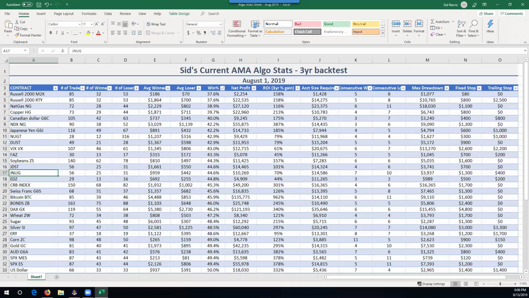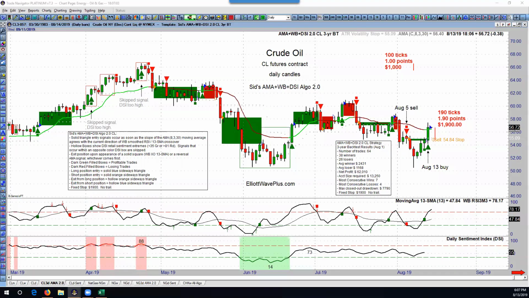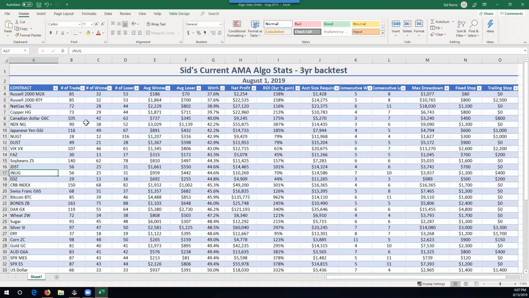When you get it in Excel format, you can download it, start working with it and do your own sorting. The reason I am showing crude oil is this is the number of trades that the algo, based on current settings, would have traded over the last 3 years.